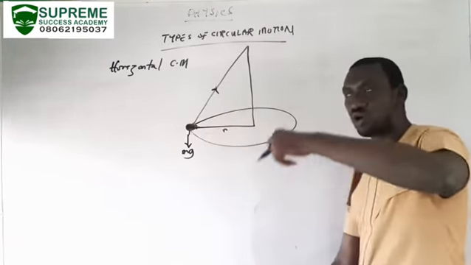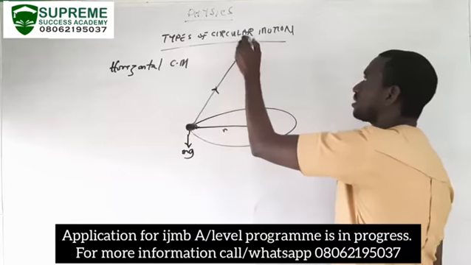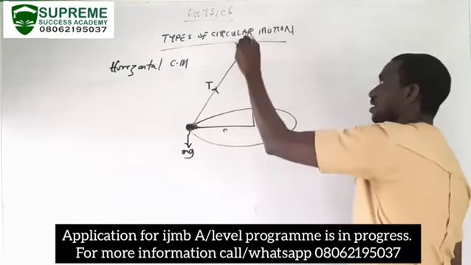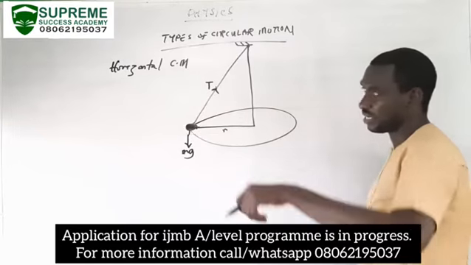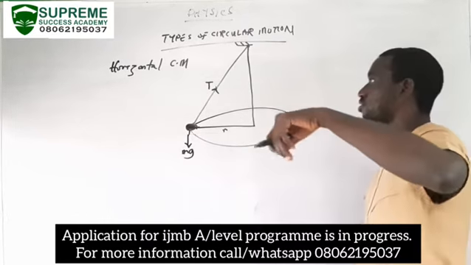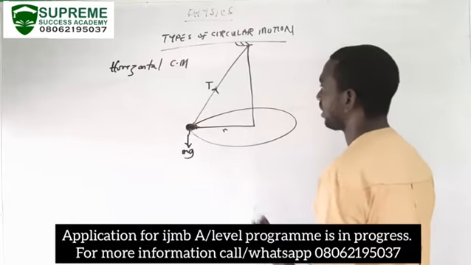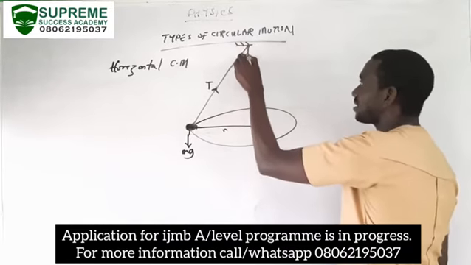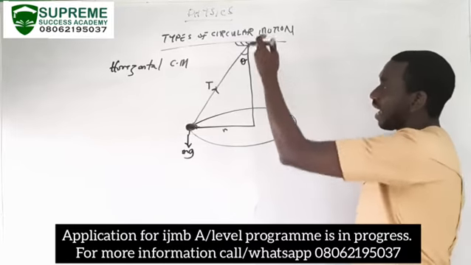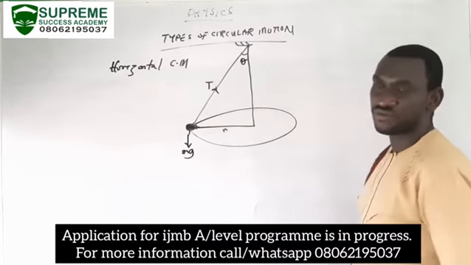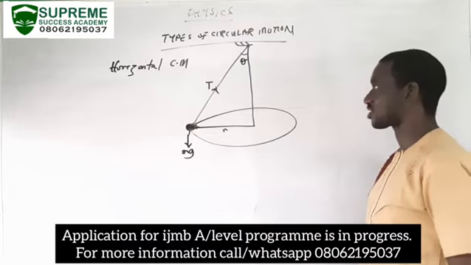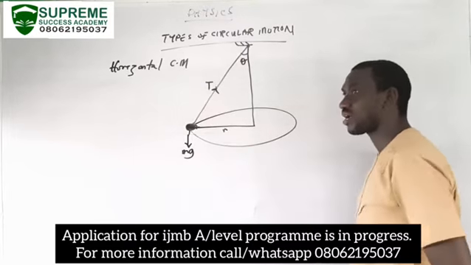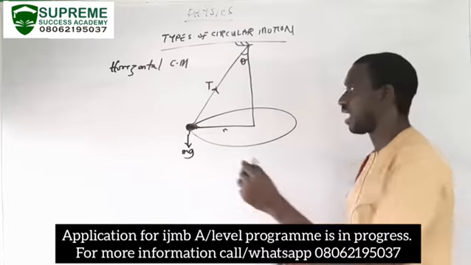And this rope with which you are using to whirl the object is going to have a tension. The tension is always directed to the fixed point, that's the hand with which you are whirling the object. Now, if you look at this tension, it is inclined to the vertical. It has an angle of inclination. And because it is inclined to vertical, you can resolve this tension into two directions.